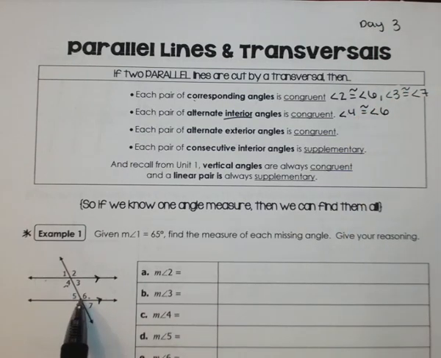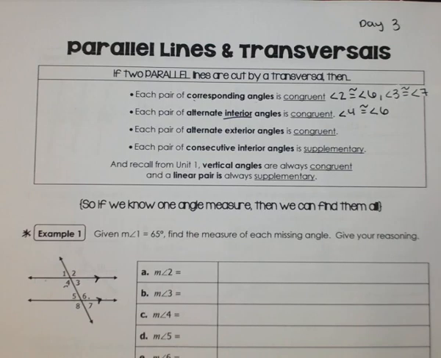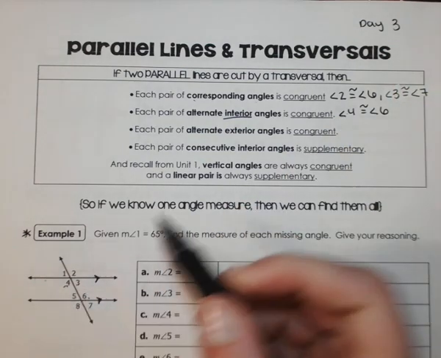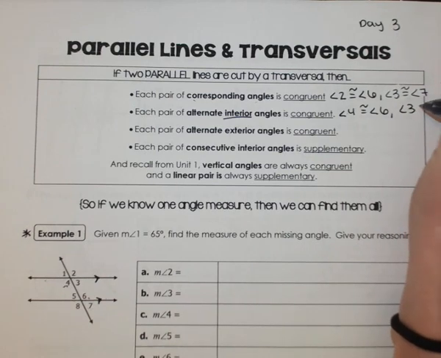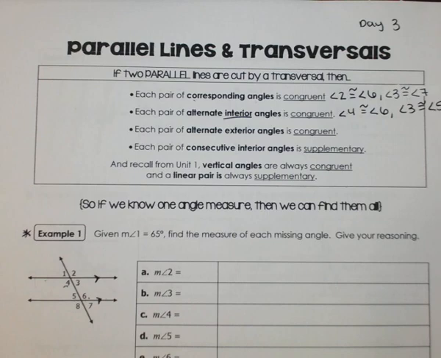Angle 4 and angle 6 are considered alternate interior. They are congruent. If angle 4 is 80 degrees, angle 6 is also 80 degrees. Another example would be angle 3 and angle 5. Those are also alternate interior angles.